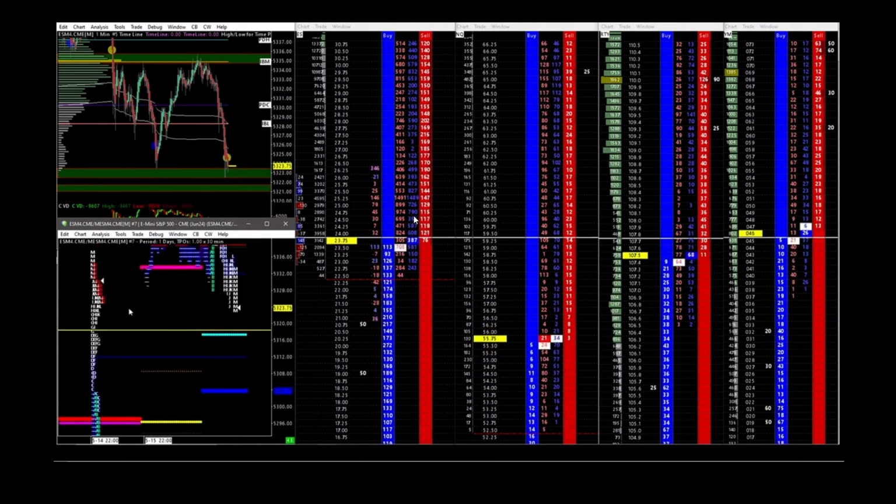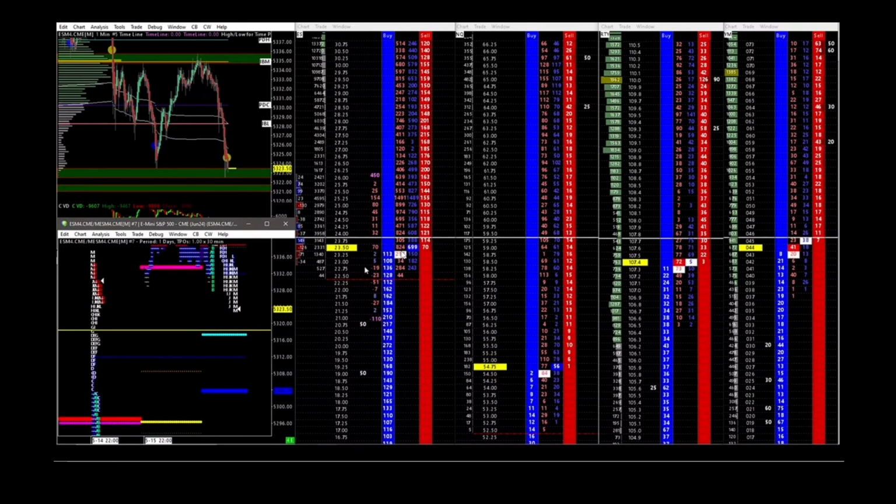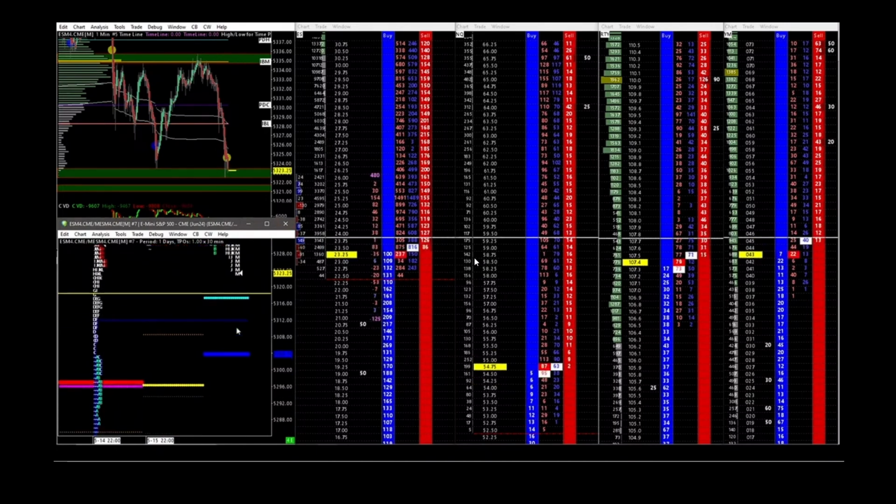This is the exact type of context that you need to be seeing. There's 700 absorbed again. Note the offer is still happy to be selling here and absorbing themselves.